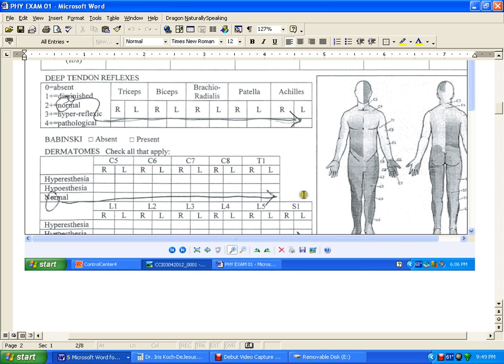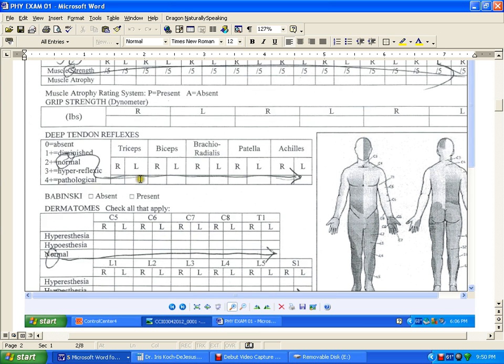So you're going to put, it says on the template, normal, so you're just going to leave it alone. Just put in the upper extremities. And then where it says deep tendon reflexes, it's normal, and you're going to put upper extremities.